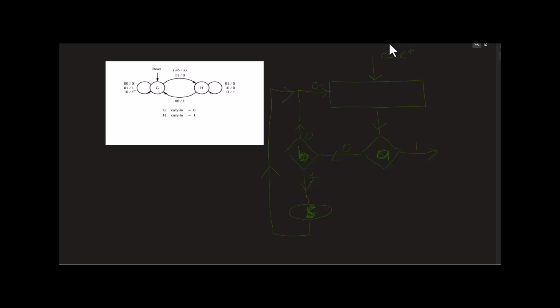Why does 0, 0 go to G? Because 0, 0 is right here.